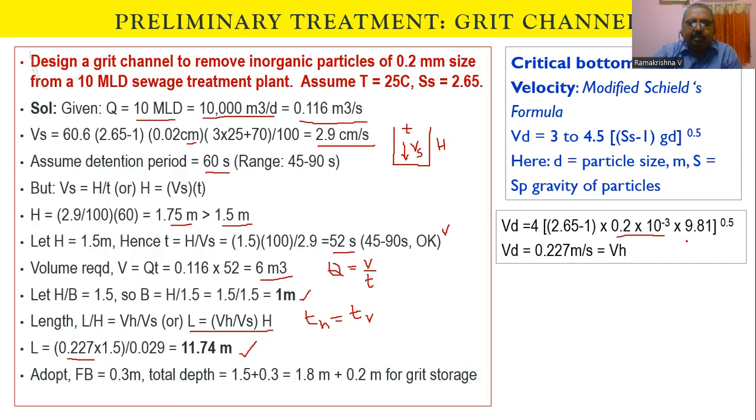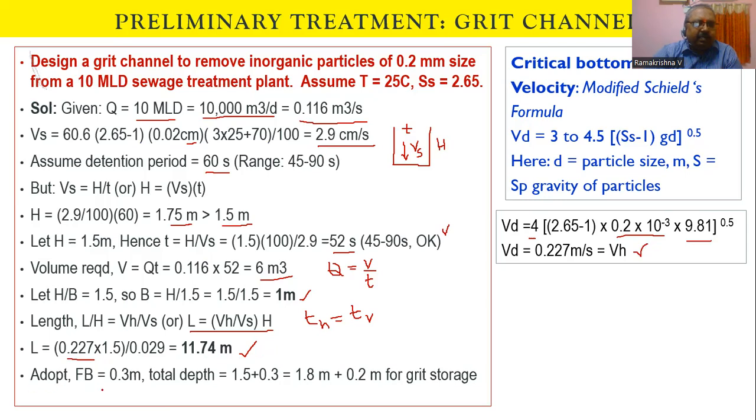And g is 9.81 meter per second square. So 2.65 minus 1, and between 3 to 4.5 I'm assuming 4, so I'm getting 0.227. Under critical condition Vd is equal to Vh, so I'm assuming the Vh is equal to 0.227. That value I'm substituting here to calculate the 11.74 meter as the length.